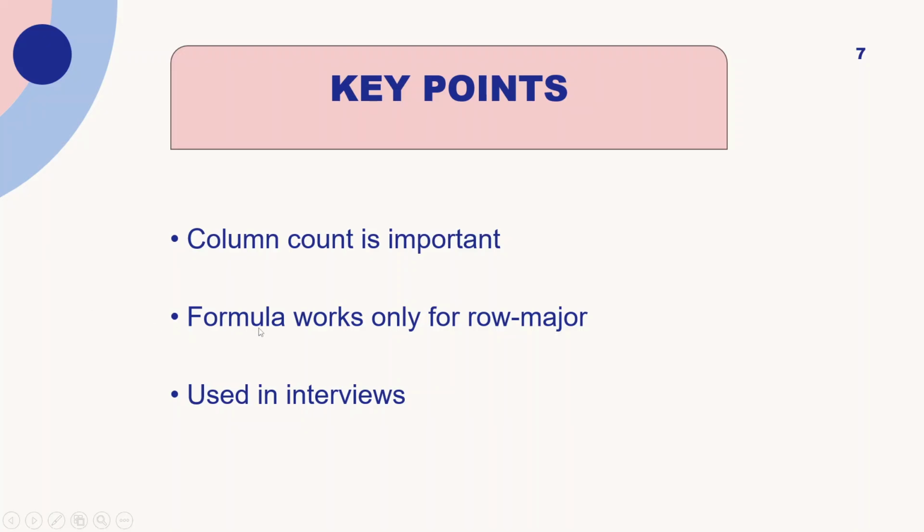Second, the formula which we discussed works only for row major order. If the array is stored in column major order, we need a different formula, which we will learn in the next video. Third, this concept is very important. It's commonly asked in interviews, especially address calculation questions. So make sure you understand these key points clearly.